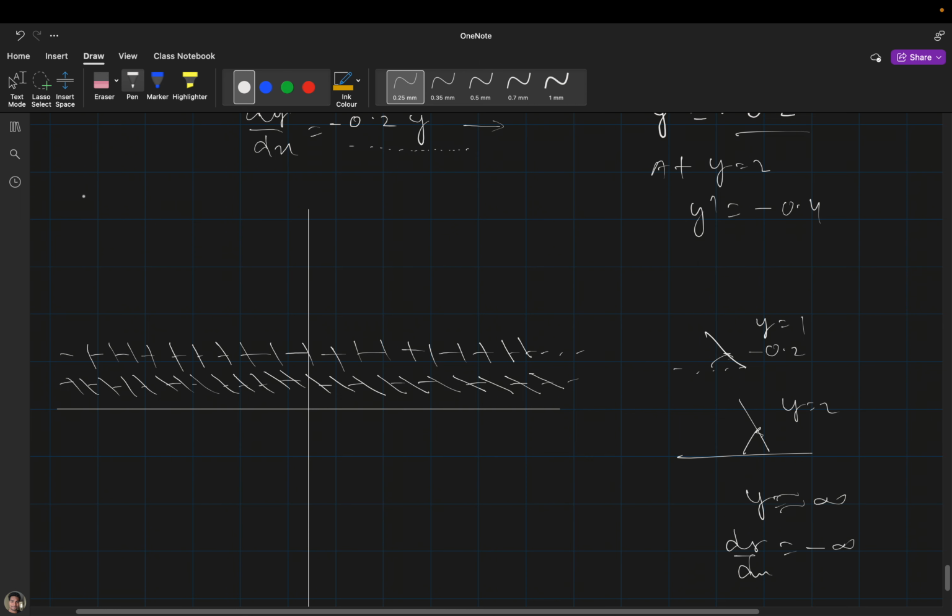Okay, which means that when y is very large, not here only, the graph will be something like this. I cannot create a complete vertical line, so it will be something like this.